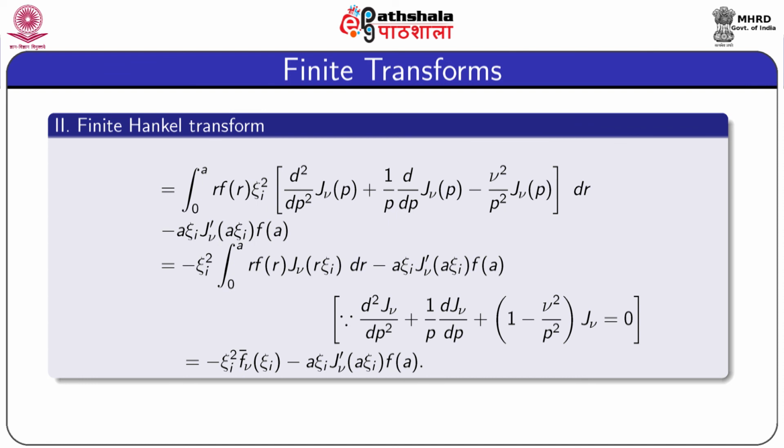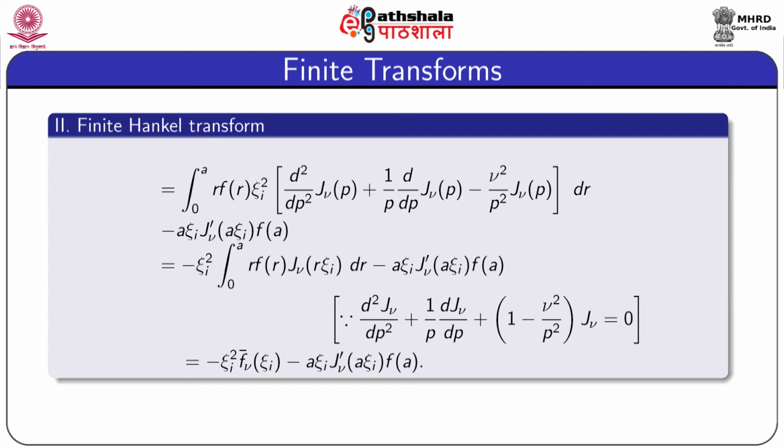So, substituting that value, the value of the integral becomes minus xi I square integration 0 to a r fr j nu dr minus a xi I j nu dashed into fa.